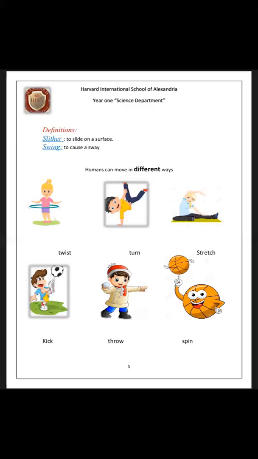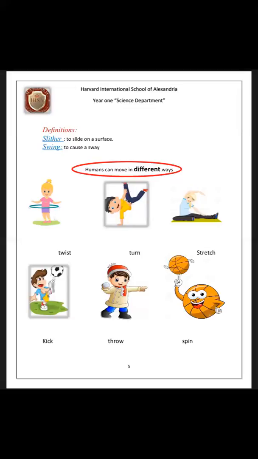Okay? Then, let's go back again to how humans can move differently than animals. These movements, animals cannot do them. So let's check them together. First movement, it's a twist.